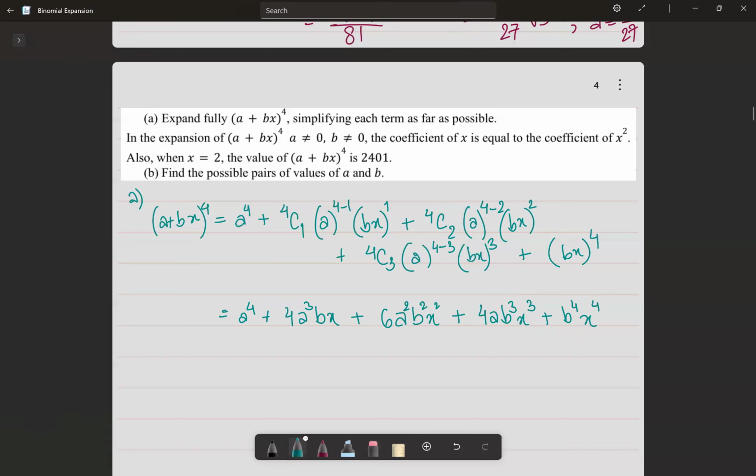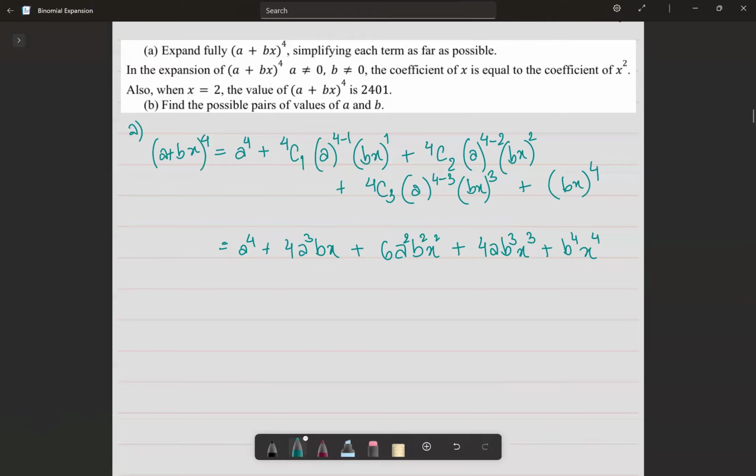Then in the next part of the question, it says that in this expansion where the value of a and b are not equal to 0, the coefficient of x is equal to, this is a key term for us, the coefficient of x squared.